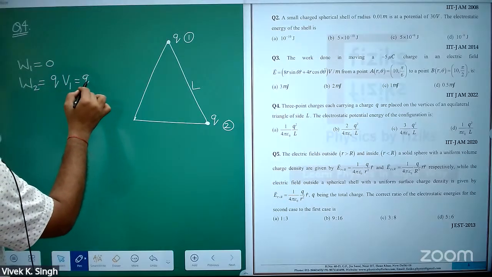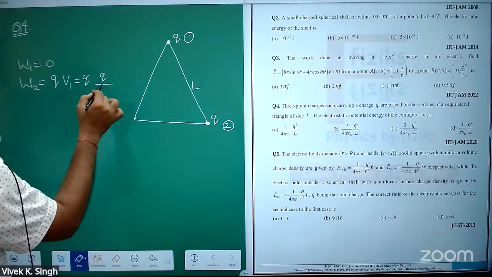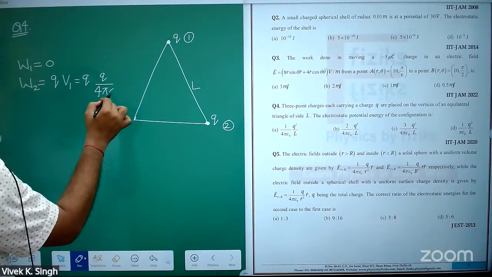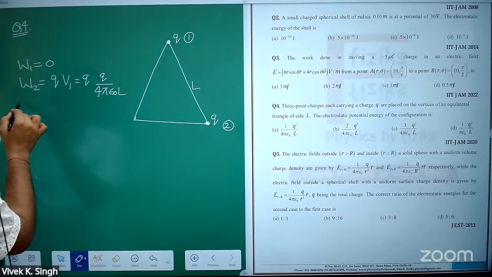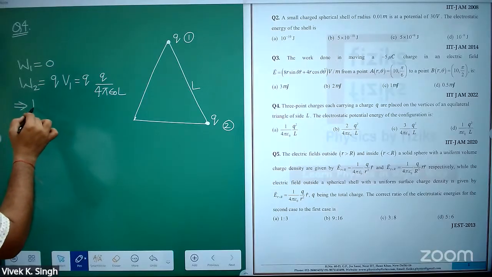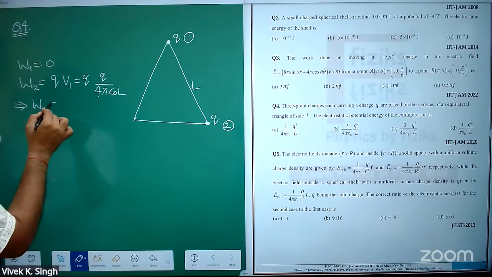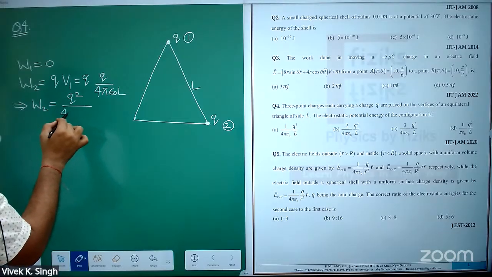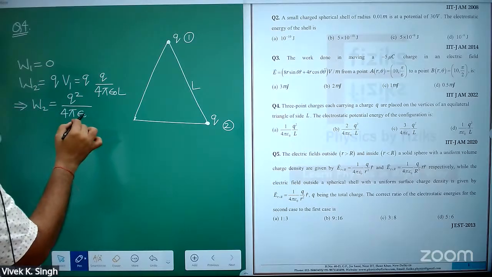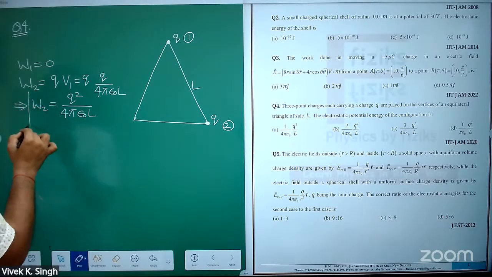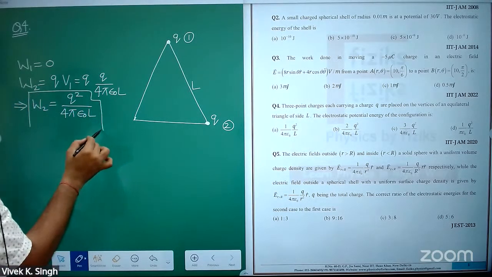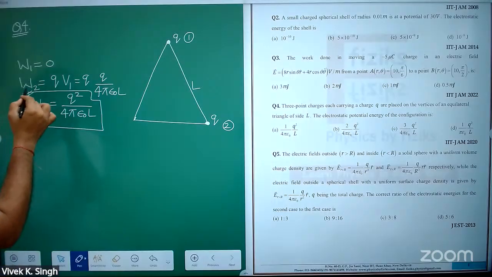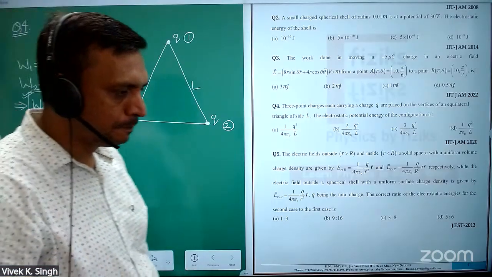And this is given by Q into Q by 4 pi epsilon 0 L. So this is Q square by 4 pi epsilon 0 L. Clear?